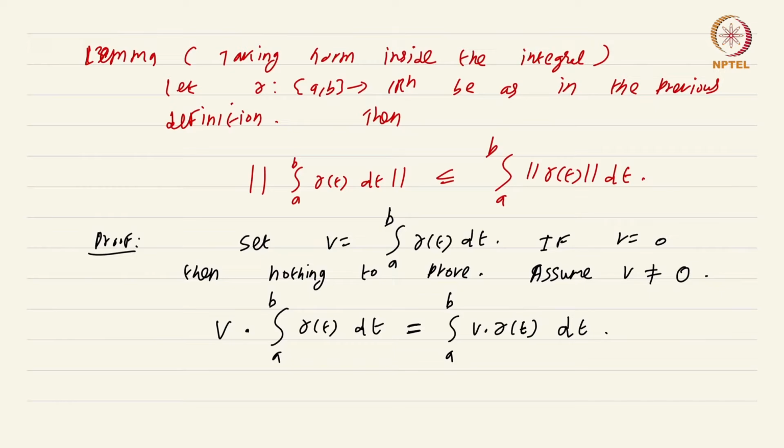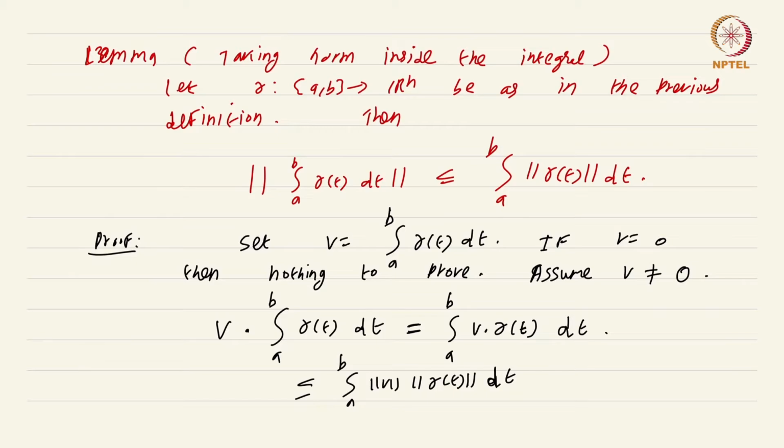Okay, now what I do is I apply Cauchy-Schwarz inequality for the term v dot gamma of t to get this is less than or equal to integral a to b norm v norm gamma of t dt.